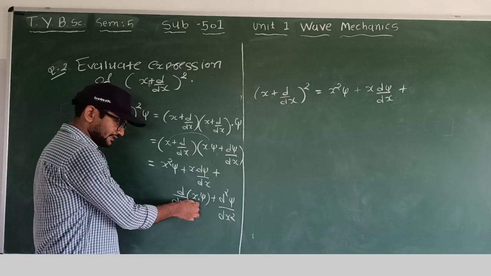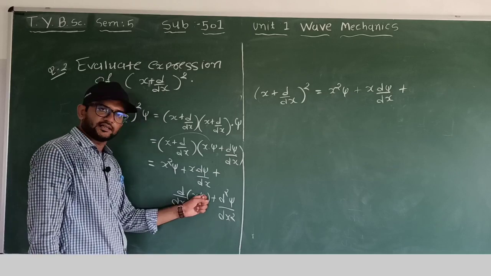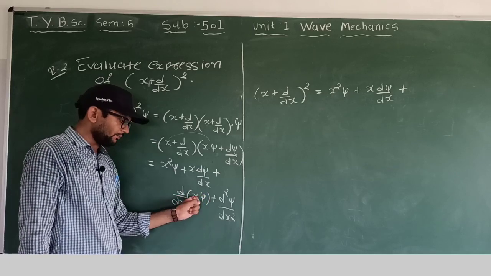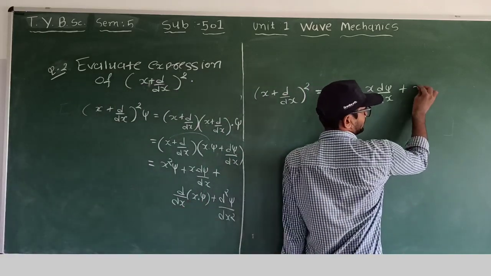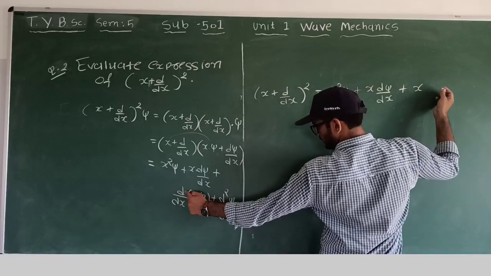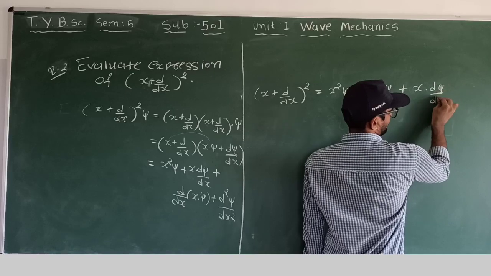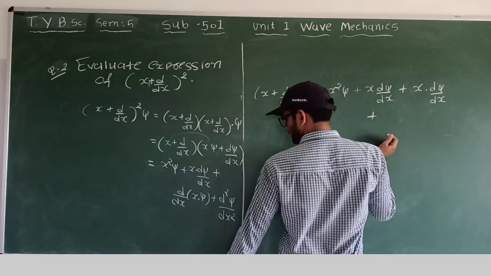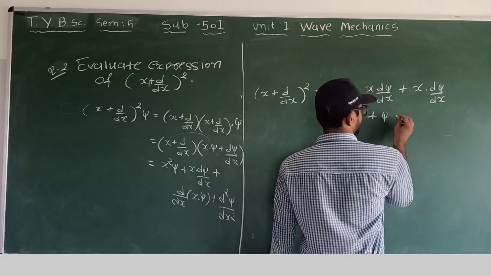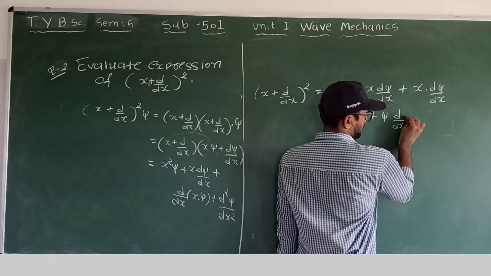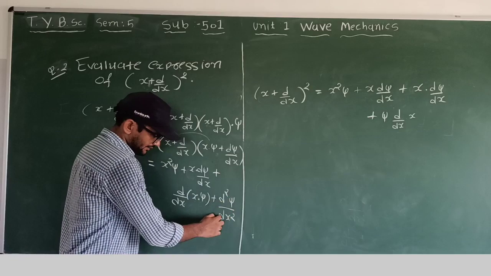At that time the first function remains as it is and we differentiate the other function, plus the second function remains as it is and we differentiate the first function. It means x remains as it is and differentiate the other function, that is d sin/dx, plus the other function remains as it is, that is sin, and differentiate the first function, that is d/dx of x, plus in the last term, d square sin/dx square.